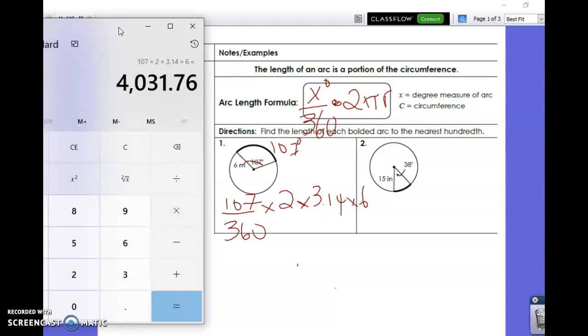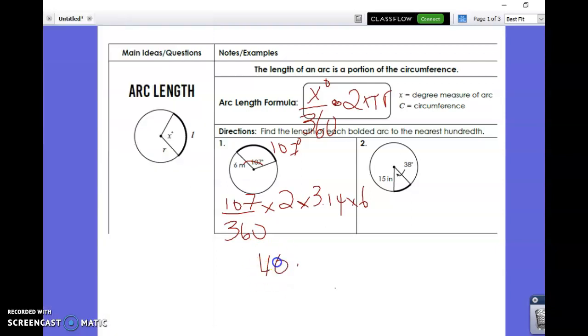All right, so we get that answer, and then we divide this whole thing by 360. Again, the whole top is 4031.76, I believe. Divide that whole thing by 360.